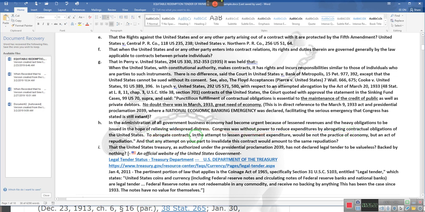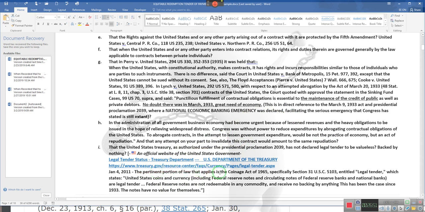To abrogate contracts in an attempt to lessen government expenditures would be not the practice of economy, but an act of repudiation, and any act or attempt on the part to invalidate this contract would amount to the same repudiation. So you can ask such questions, but we are letting you know that this is the Supreme Court that we took this from. This is the United States Treasury that we got this from.